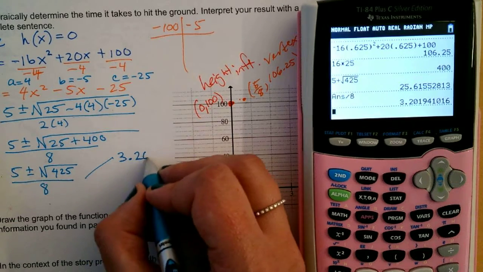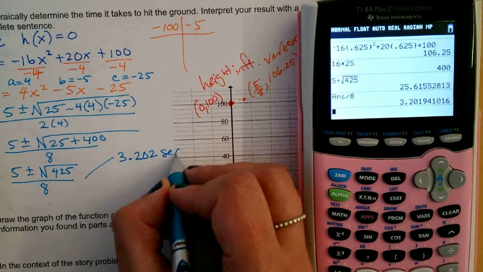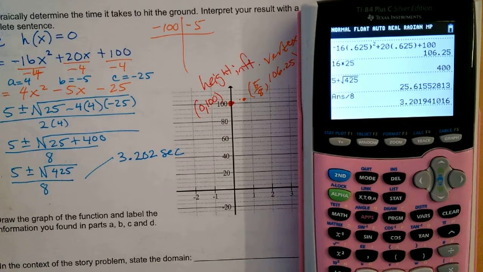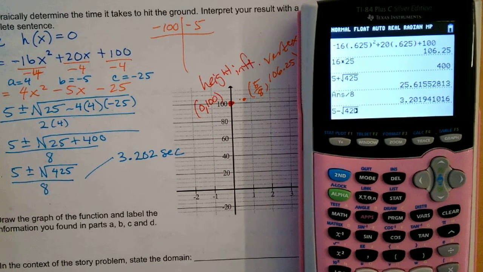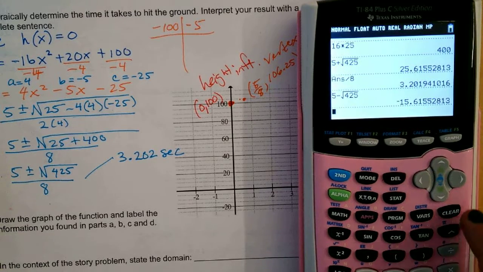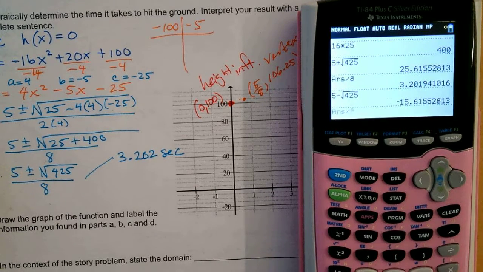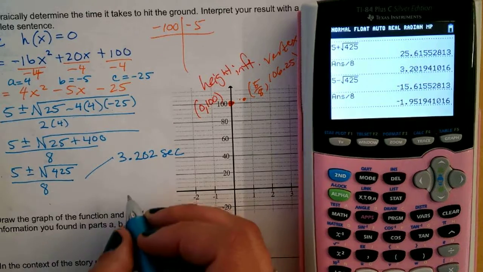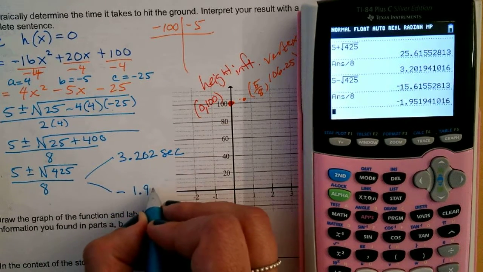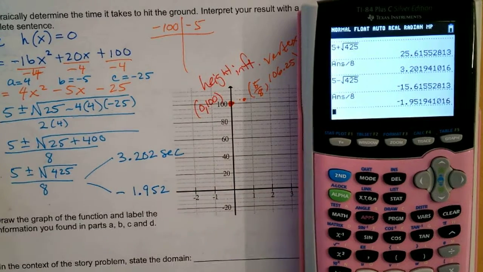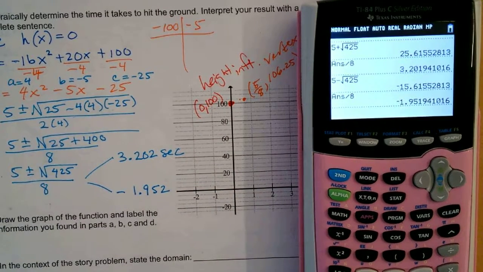Yes, so 3.202 seconds. And then the other one would be 5 minus the square root of 425, and then divide that by 8. And that gives us negative 1.952 rounded to 3 decimal places.